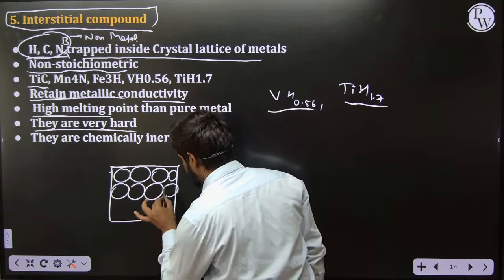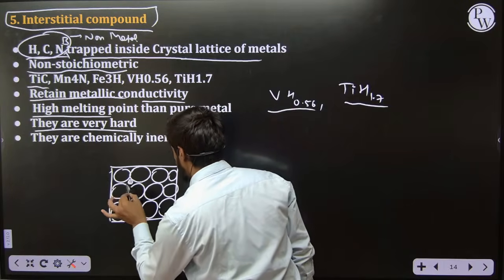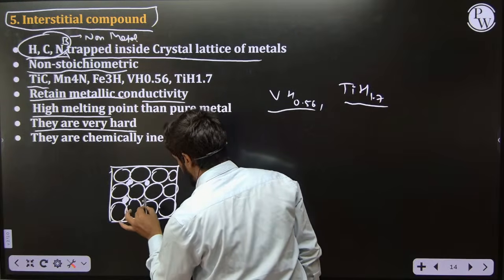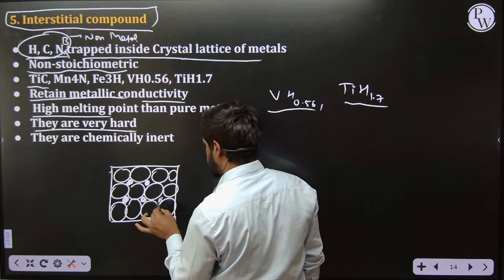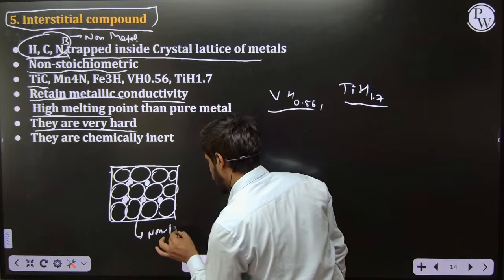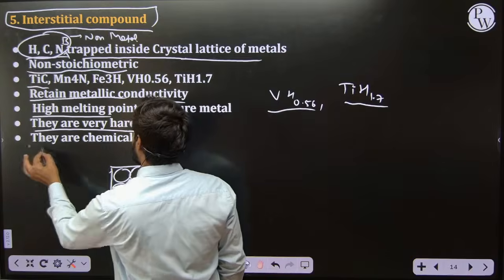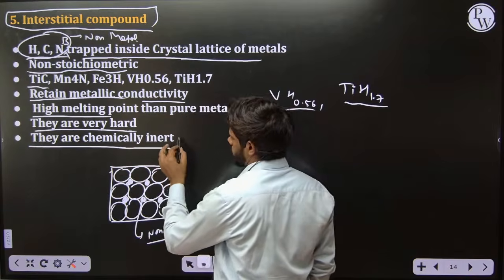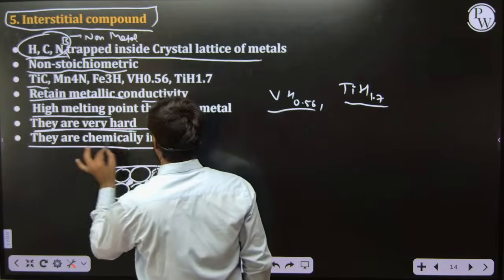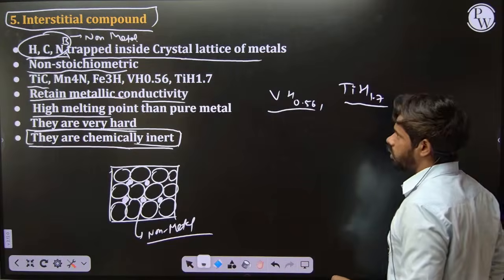If we fill the voids with some non-metal elements, the packing fraction increases, and the melting point also increases. So these are the non-metals we are adding, and they form interstitial compounds. They are also chemically inert. Okay, so this is an interstitial compound.